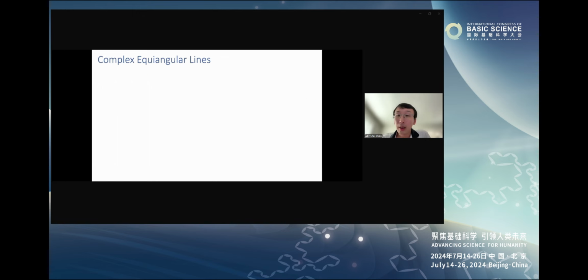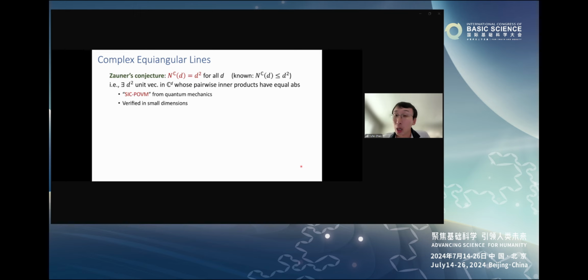So finally, there's a different topic that I didn't address at all, but I think it's very interesting and I should at least mention: what happens for complex lines. Real lines, you know what they are. A complex line is a line in complex D dimensions.